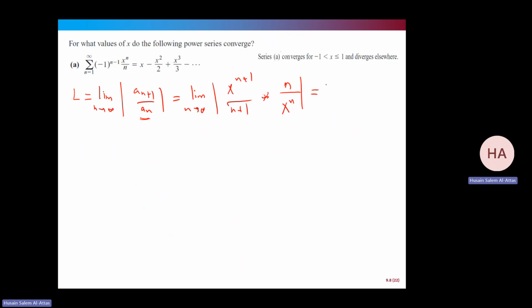That can be the limit as n goes to infinity of the absolute value of x, and this is n over n plus 1.